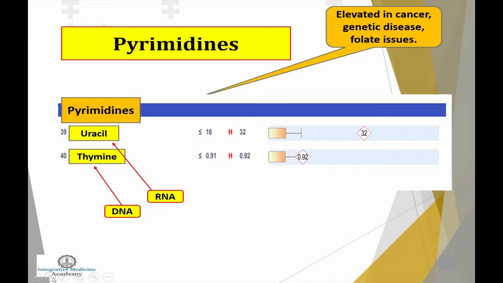It's likely because uracil is linked to RNA, and there's just a lot of increased activity in that RNA system because of increased demand for protein formation in the body. Thymine elevations are seen much less than the uracil. So just keep that in mind. If the section shows a positive, it's usually going to be the uracil that's high.